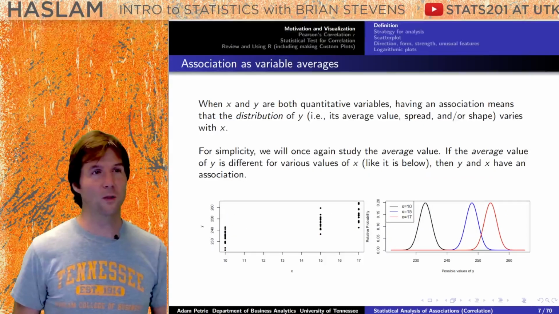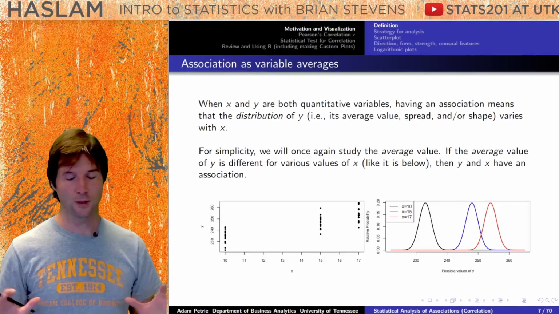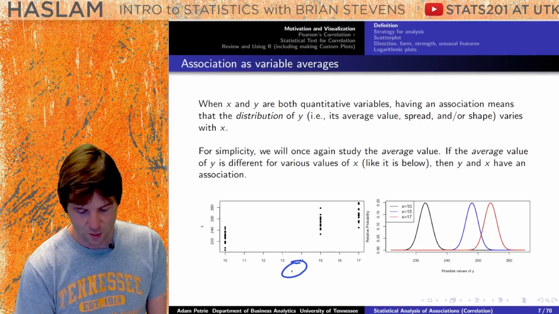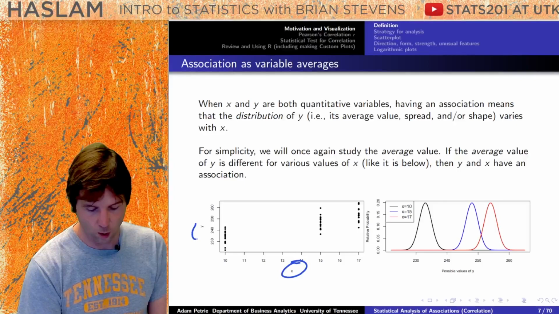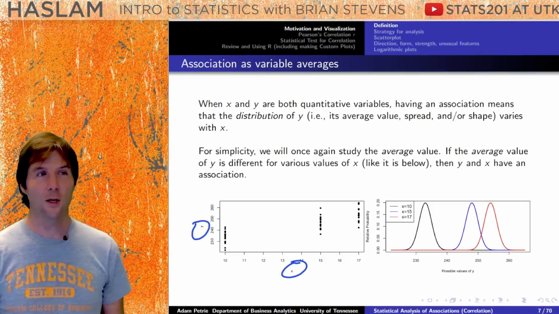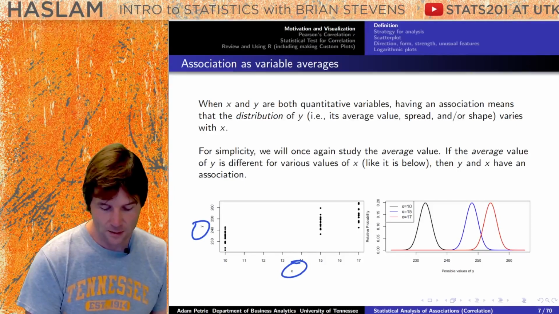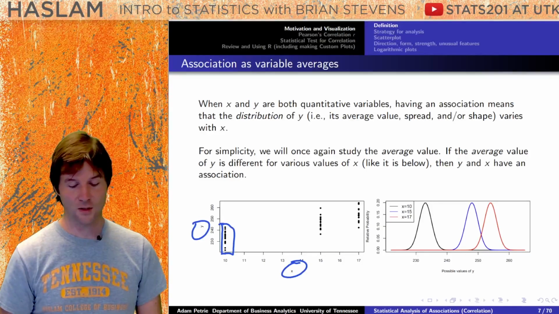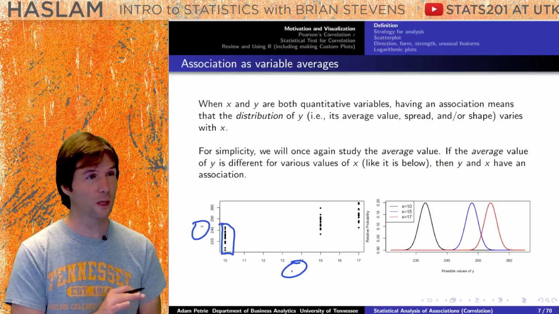So the first thing we want to do is visualize this correlation. So let's take a look what's going on right here. You'll notice X is quantitative along the number line, and Y is quantitative. Now, what you can see is, at the value of 10, we can narrow down the quantities of Y, and they're generally lower.